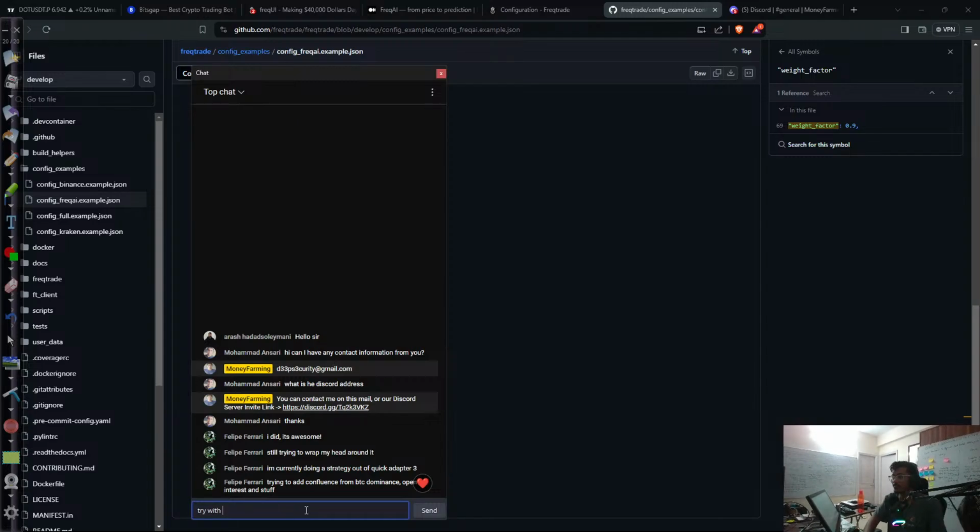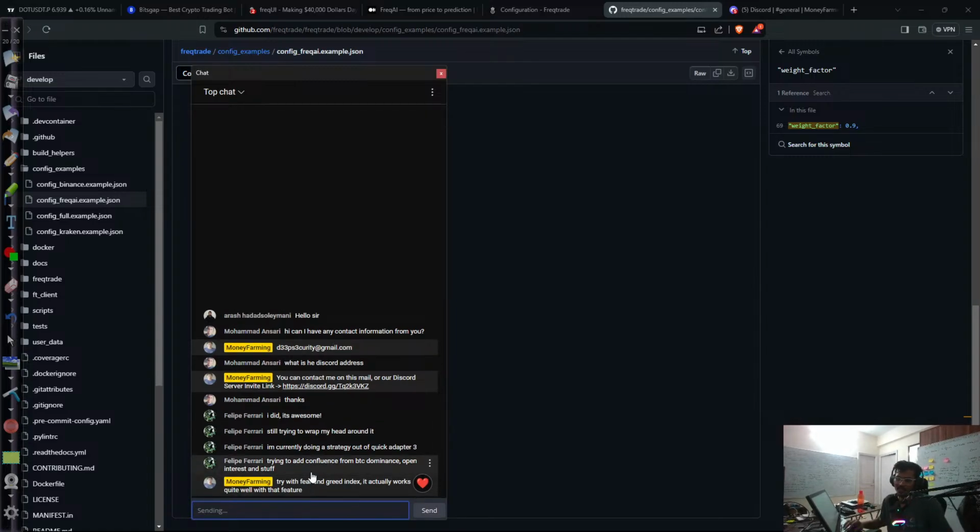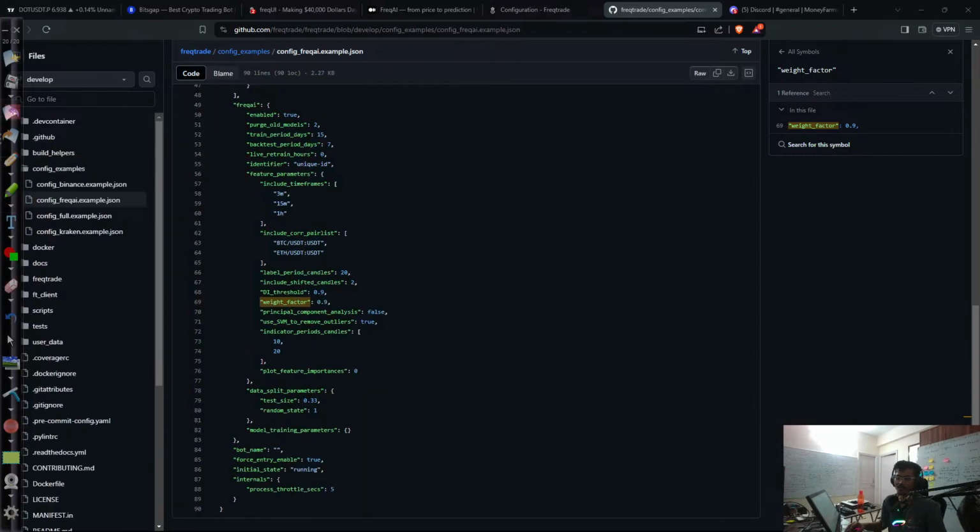Try with the fear and greed index. It actually works quite well with that feature as well. So yeah, we're gonna be doing it in our channel anyway.